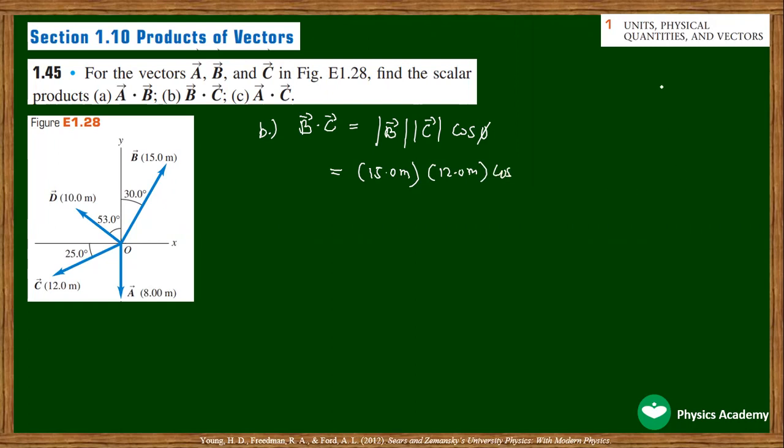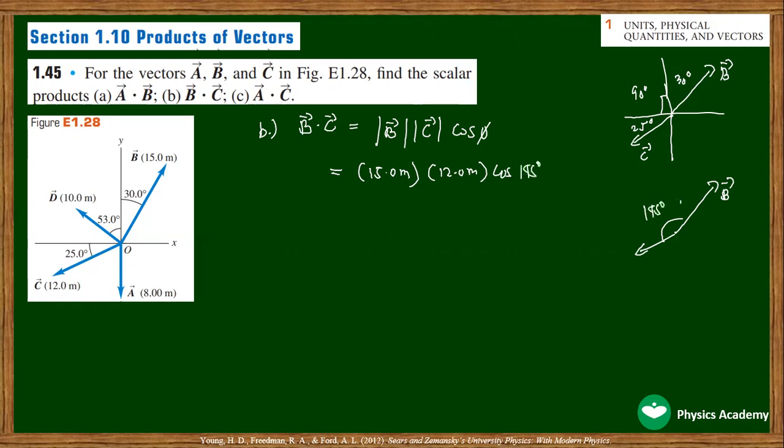If we sketch this, this is our x and y coordinate, this is our B, and this is our C. We have 90 degrees here, 30 degrees here, and 25 degrees here. So the angle between B and C is 90 plus 30 plus 25, which is 145 degrees.